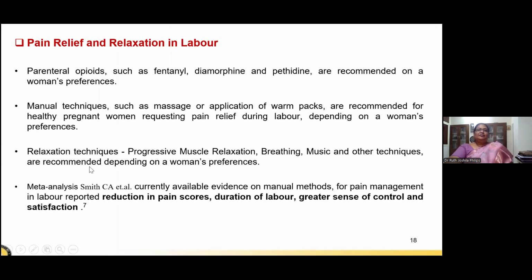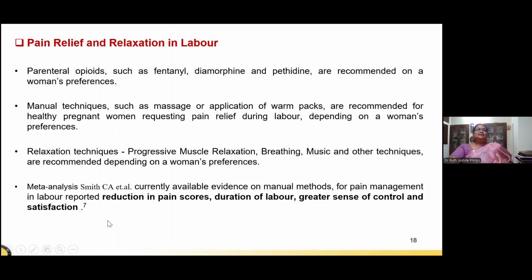Apart from this, if there are trained midwives, they can offer the mother progressive muscle relaxation techniques, breathing techniques can be taught, music and other techniques like aromatherapy and hydrotherapy, all these things can be offered to the woman depending upon the availability of resources.